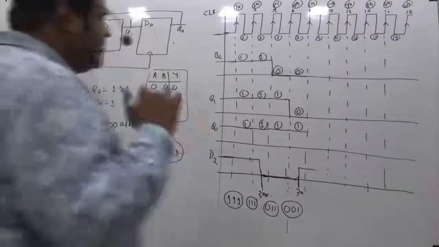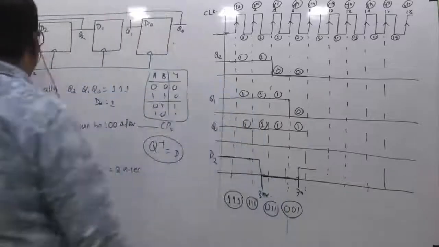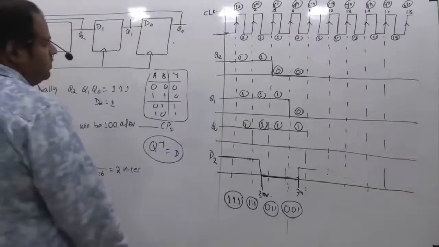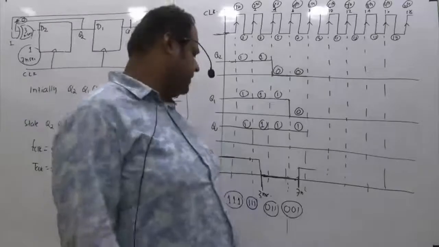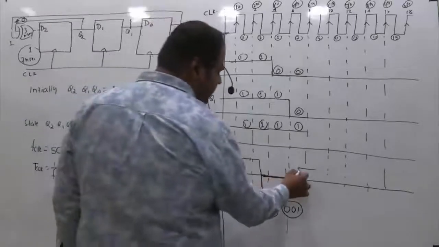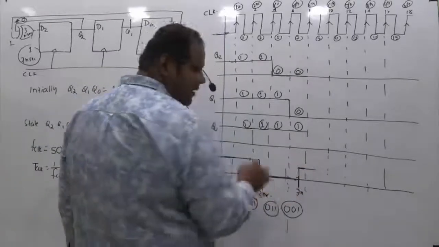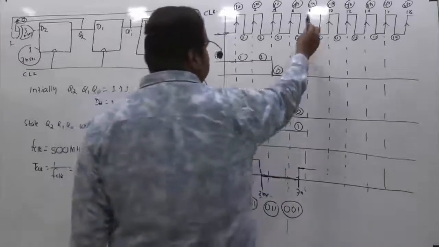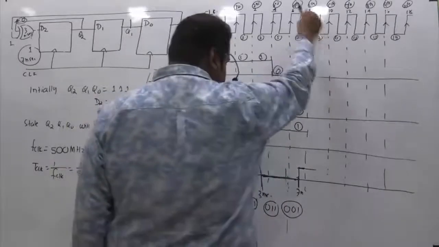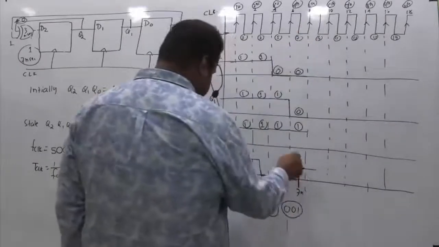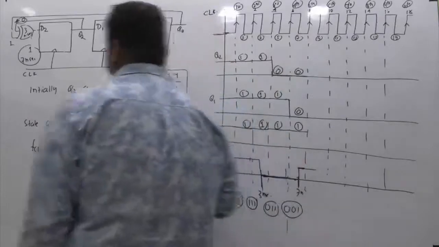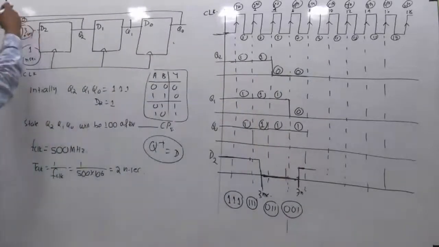So before the fifth clock, first I should check what D2 is. The fifth clock, as I said, is at 8 nanoseconds, but at 7 nanoseconds itself this is already 1. That means at the fifth clock edge, at 8 nanoseconds, D2 is equal to 1. This change which happened at 4 nanoseconds, so 3 nanoseconds are already over.